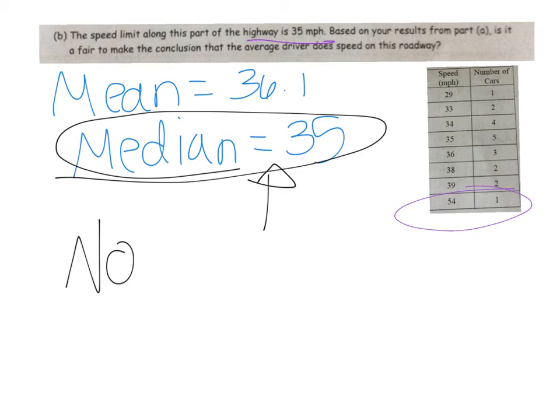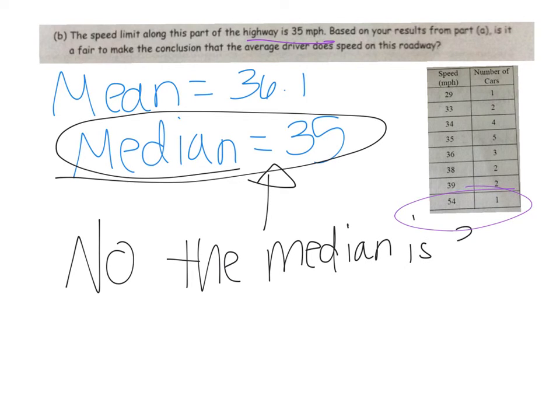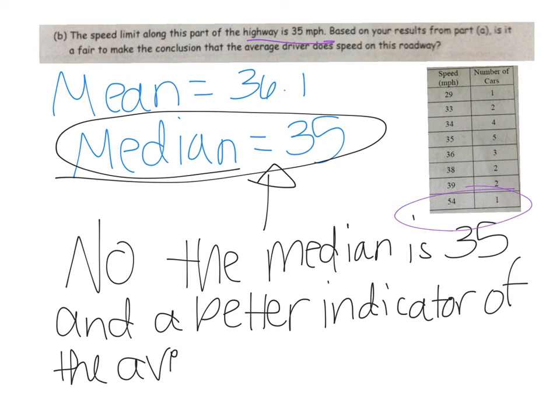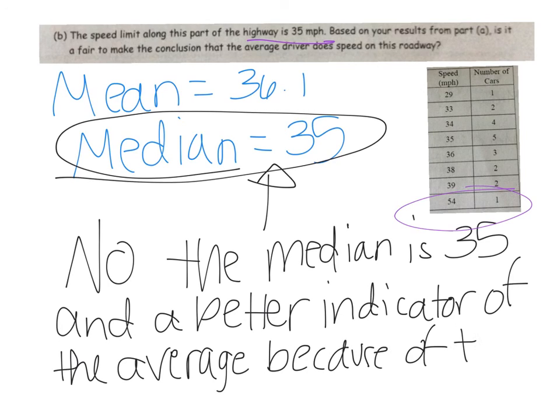So my answer is no. The median is 35, and a better indicator of the average because of the outlier of 54.